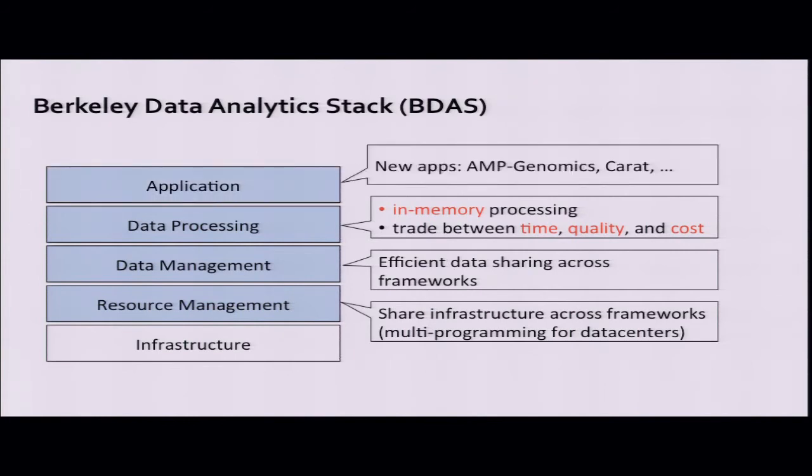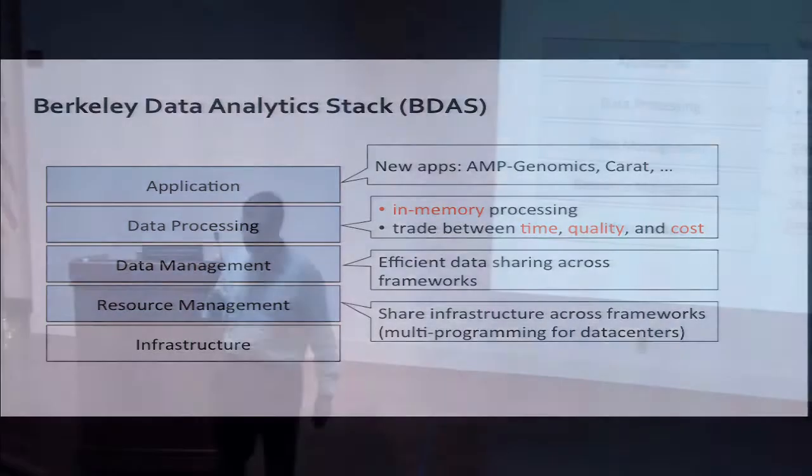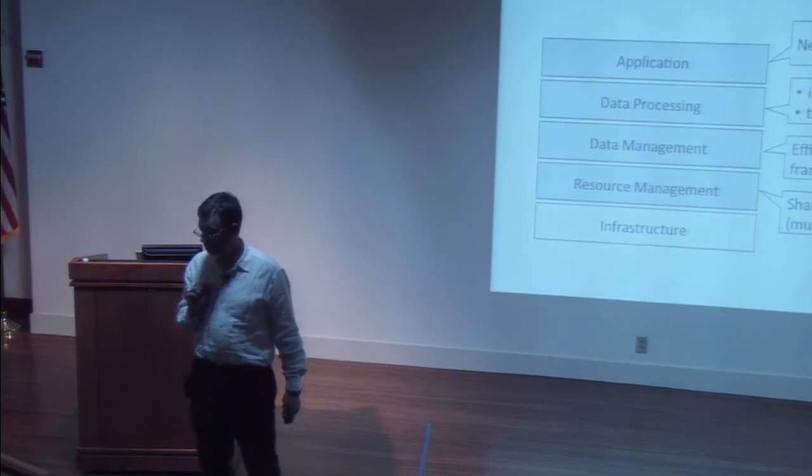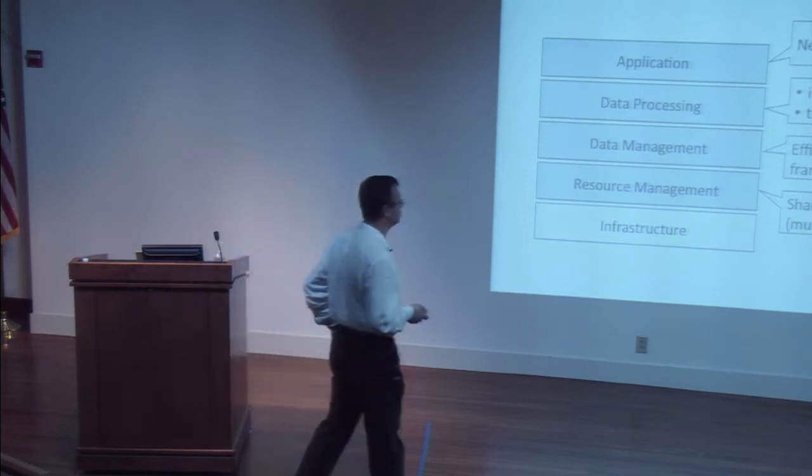At the application layer, we have some interesting applications. Genomics, this is a cancer genomics application. And Carat, this is an application for mobile devices trying to identify which applications consume a disproportionate amount of the battery. So you can kill them if you want to lengthen your battery life.